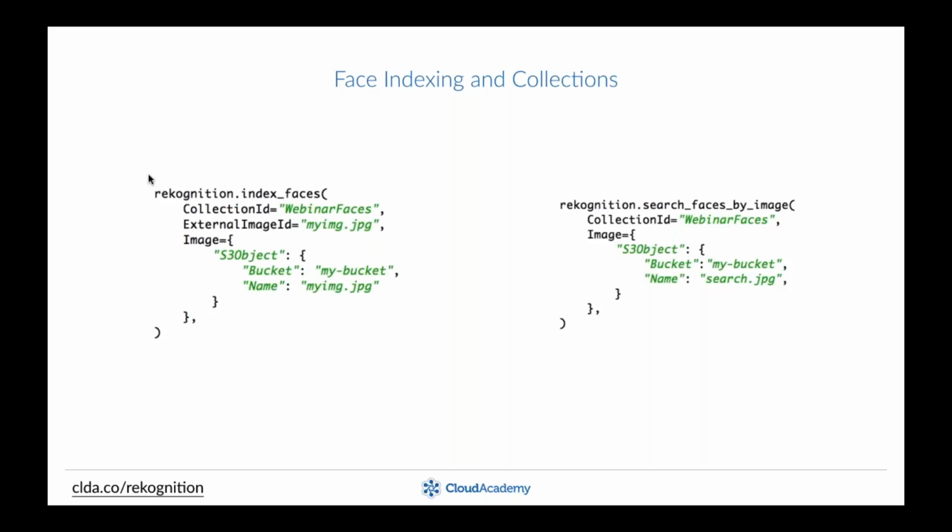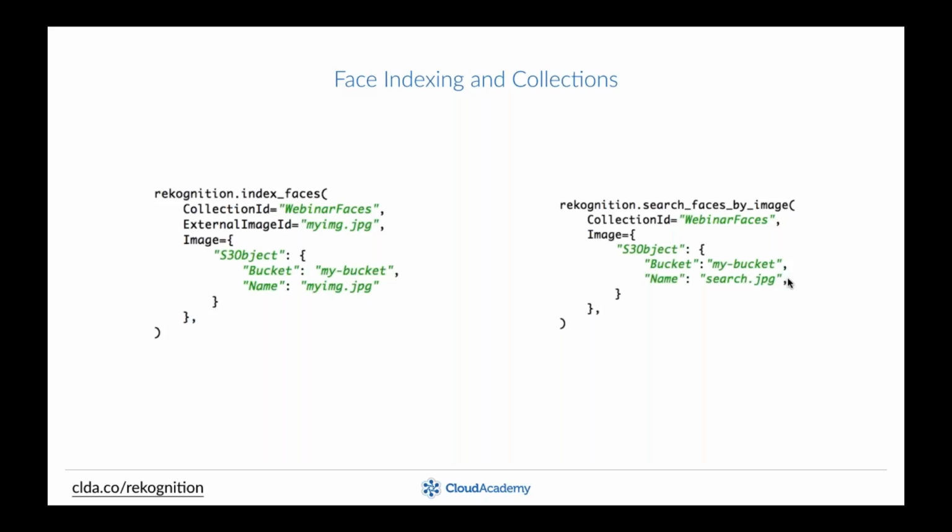And let's say that two faces are detected in this image. So my collection will contain two faces, not one image. What I can do next is extract one of those two faces from my image.